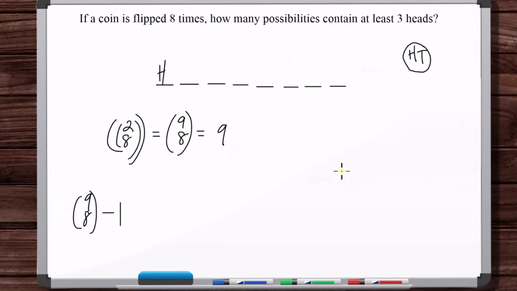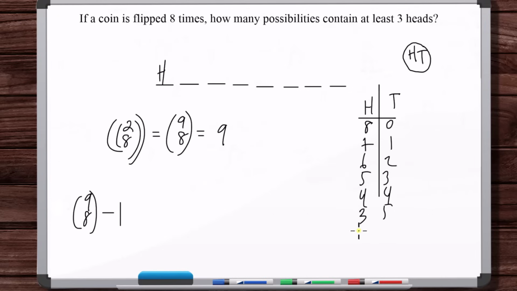You could have all heads, tails. So you could have 8 heads, 0 tails, 7 1, 6 2, 5 3, 4 4, 3 5, 2 6, 1 7, 0 8.